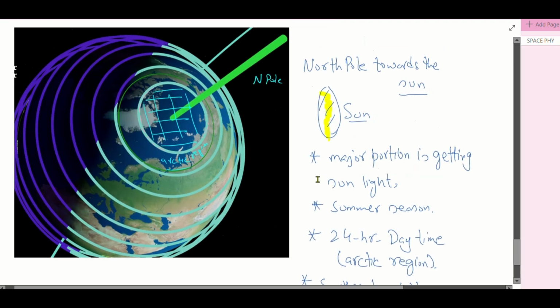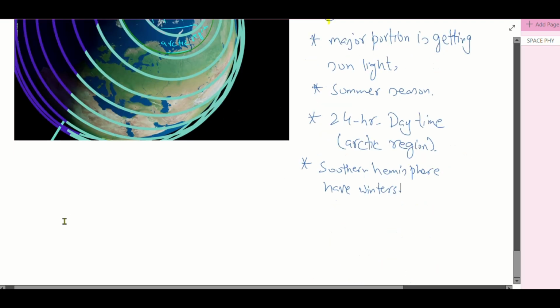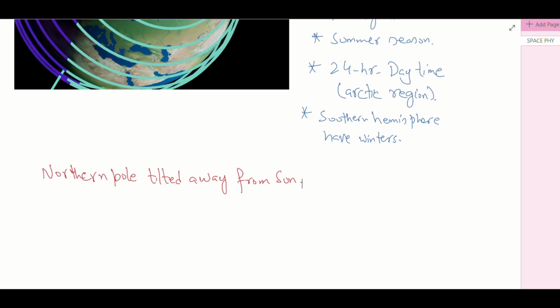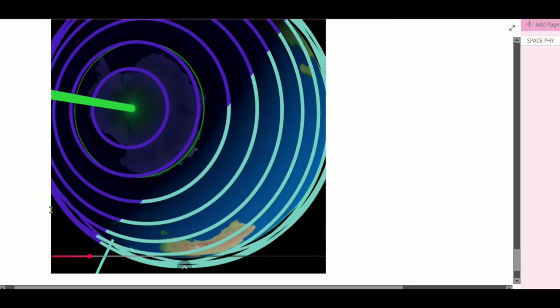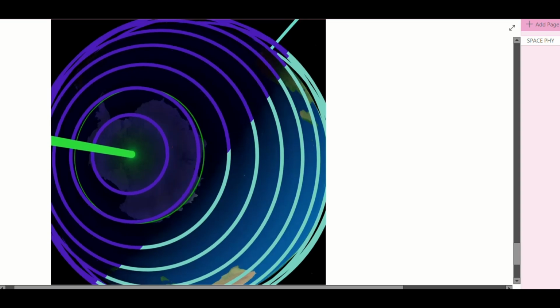Now, for the situation where the North Pole is tilted away from the sun, we get the situation in this way.